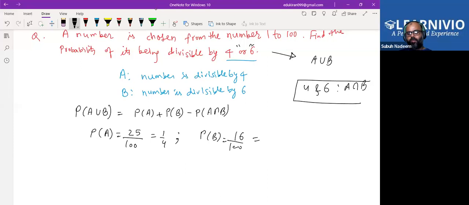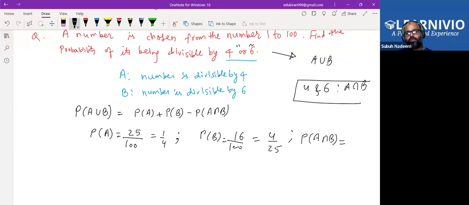So this would become 4 by 25, right? Now the point is, what is the probability of A intersection B? That means numbers which are divisible by 4 as well as 6. So what do you mean that it is divisible by 4 as well as 6?